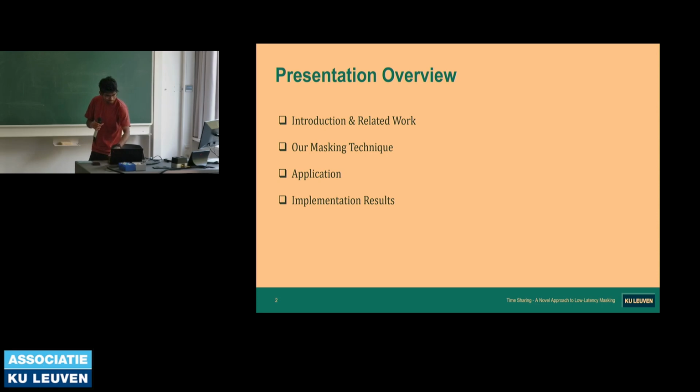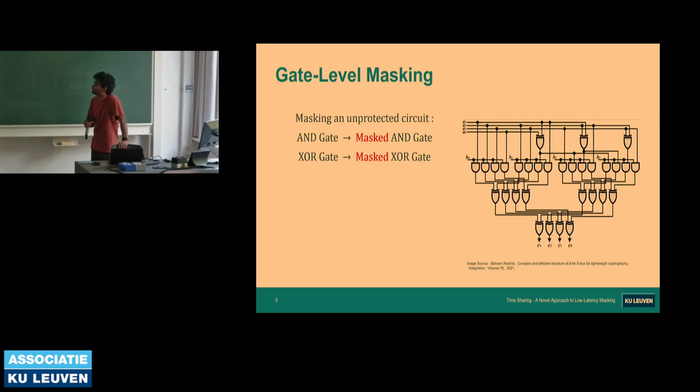So anyway, one popular way of masking is gate level masking, where you take an unprotected circuit and then you replace every gate with a masked version of it. So it's usually AND and XOR, so we don't really have anything like OR. XOR gates don't really introduce any latency to the circuit, but AND gates do.